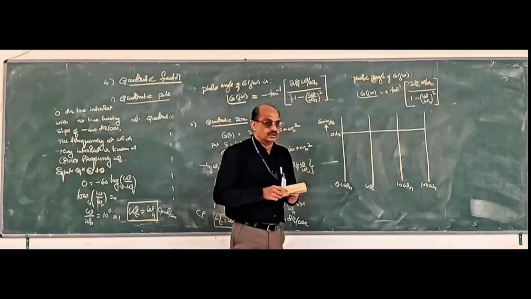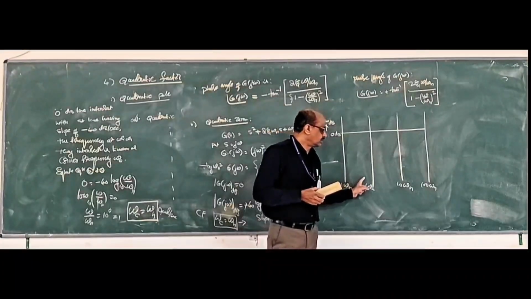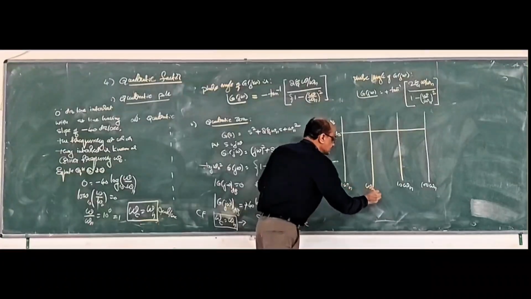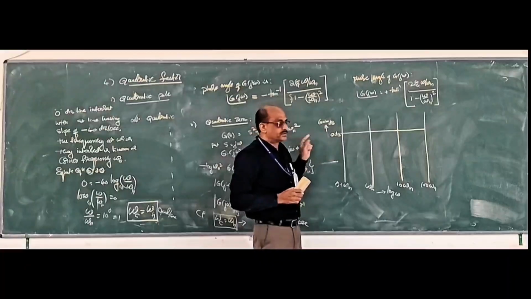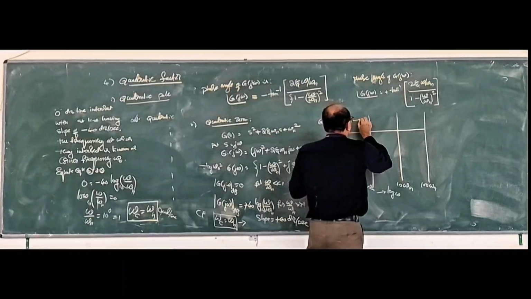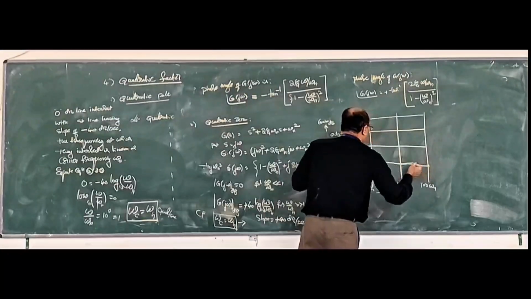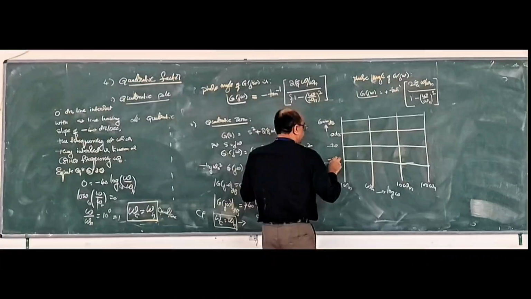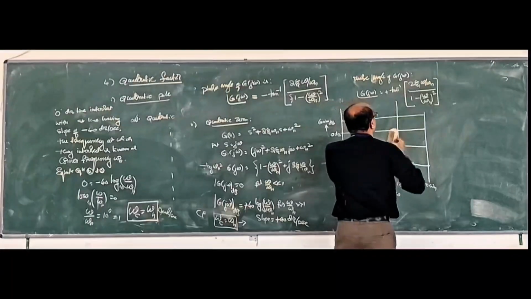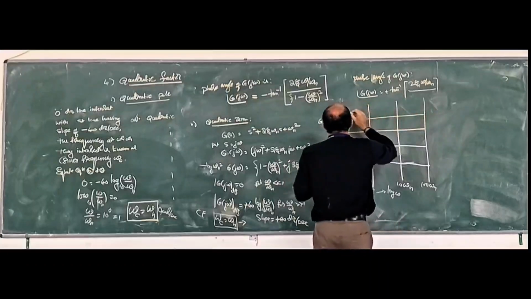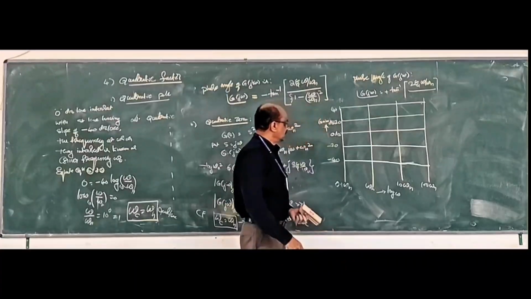So take this semi-log sheet. The x-axis is on a log scale, log omega, and the y-axis is gain.